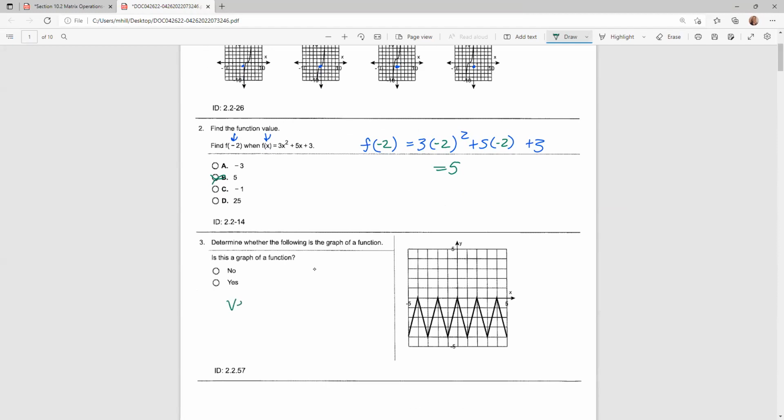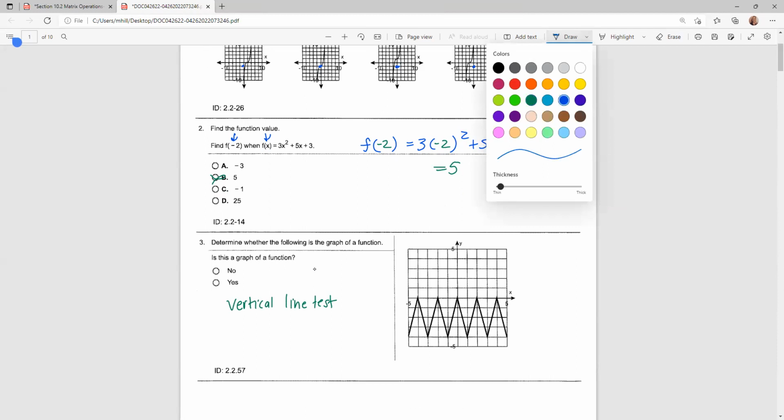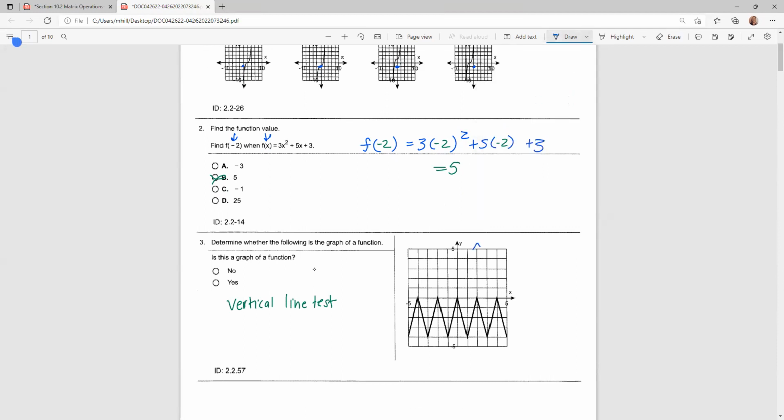What do we want to do to determine if a graph is a function? If you're given the graph, you want to do the vertical line test. And you remember that when you draw your vertical line through your graph, it doesn't matter where you draw it, but anywhere on the graph, it can only hit it one time.